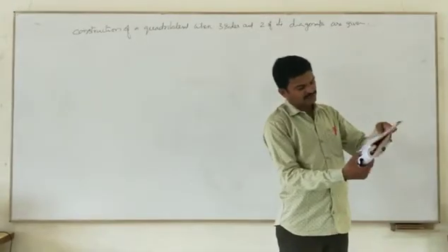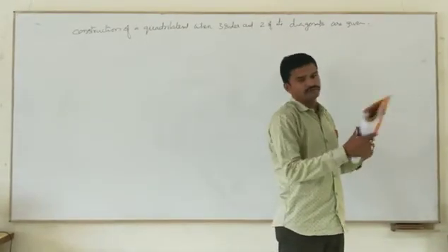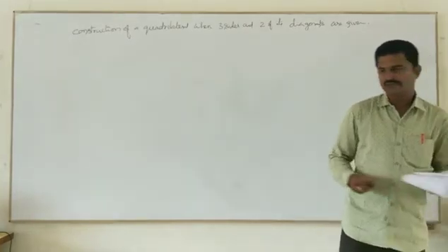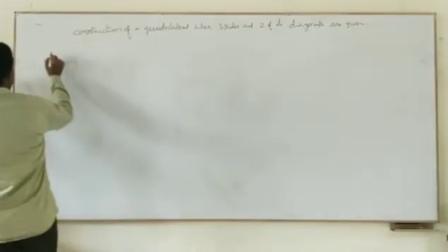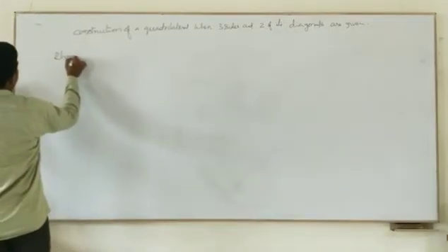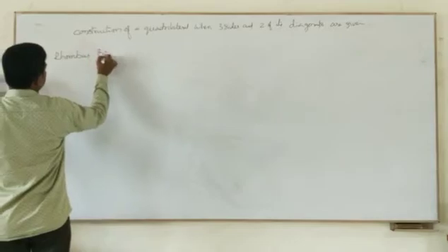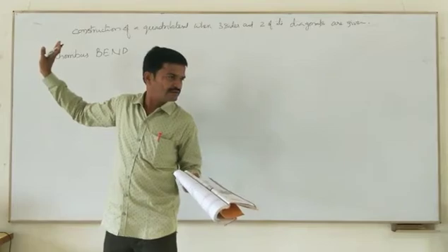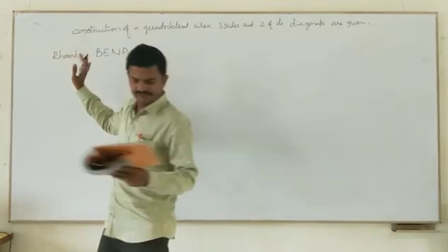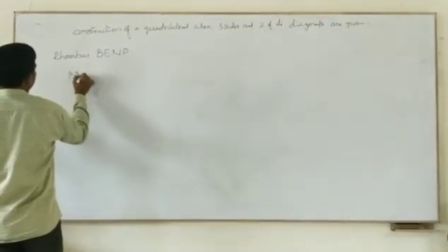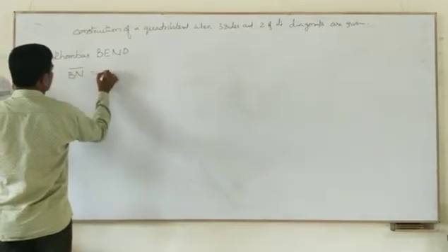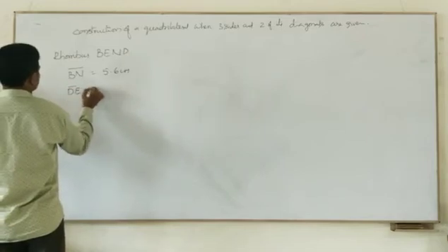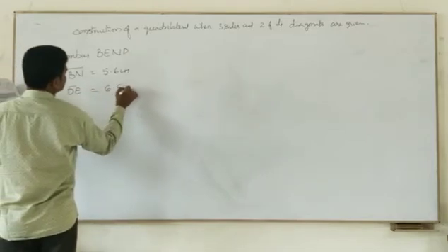See, that is exercise 4.2, third problem. Look here. The question is, construct a rhombus BEND, B-E-N-D, where BN is equal to 5.6 centimeters and DE is equal to 6.5 centimeters.